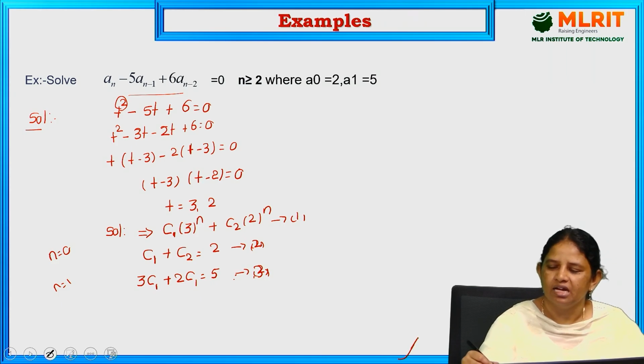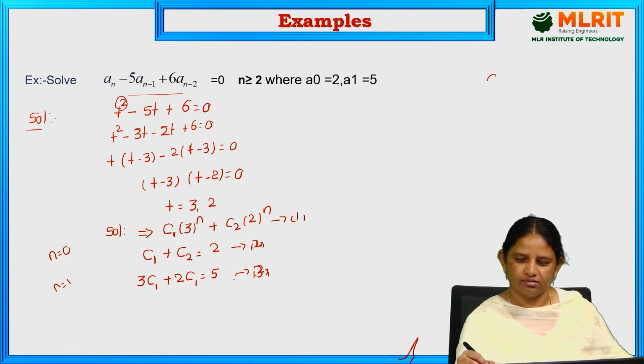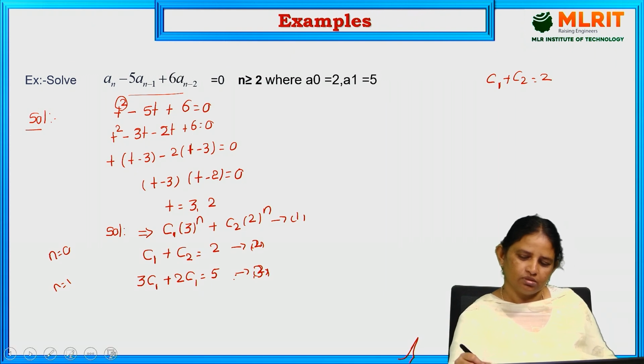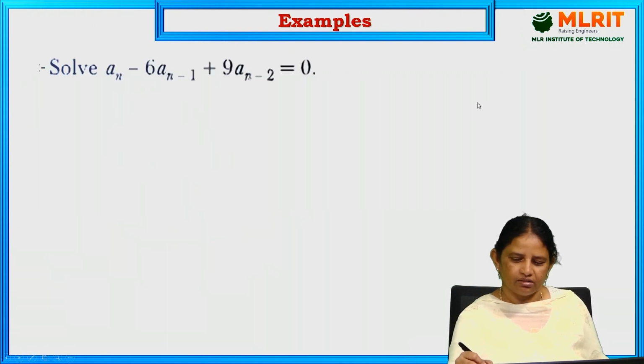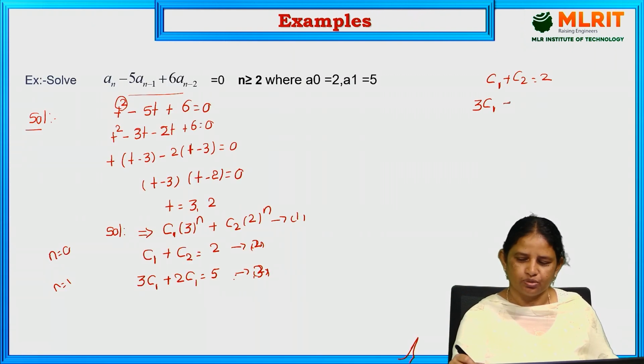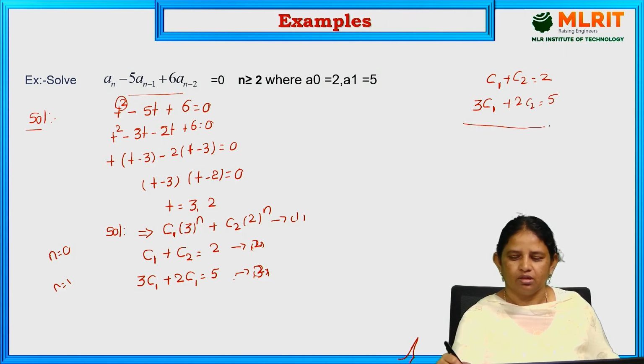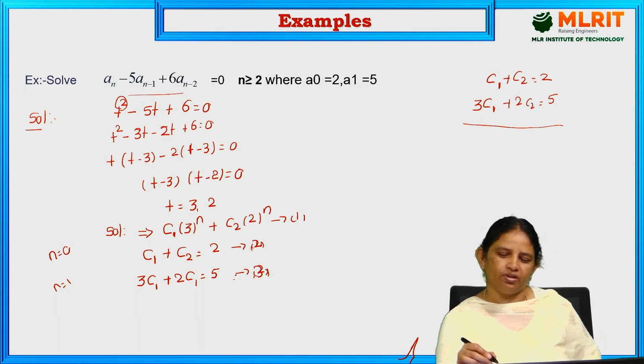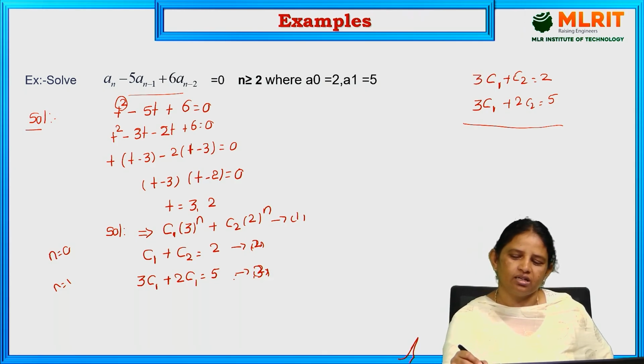That means c1 plus c2 equal to 2, then 3c1 plus 2c2 equal to 5. To get the cancellation, first we multiply equation 1 with 3: 3c1, 3c2, then 6.